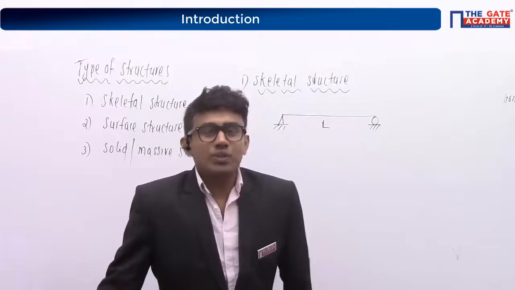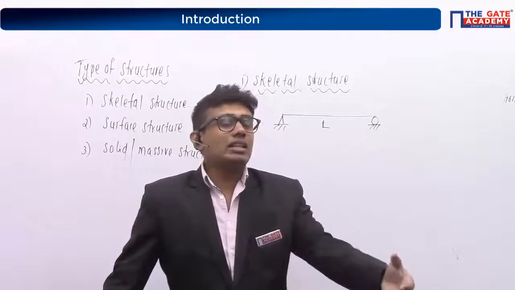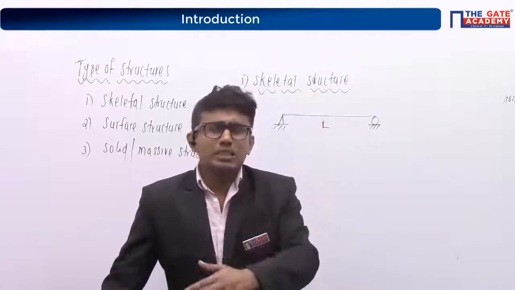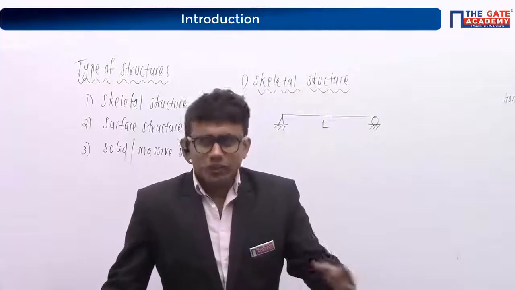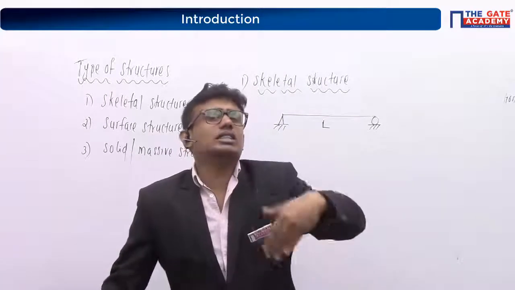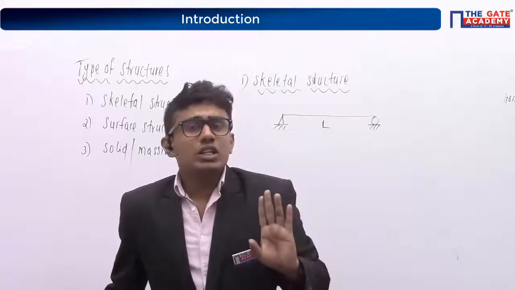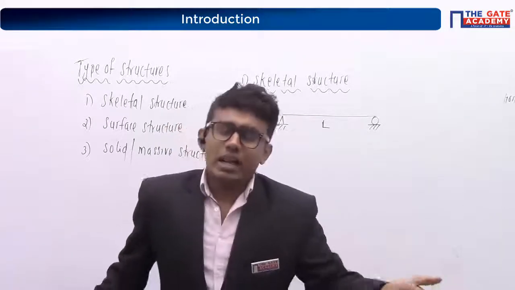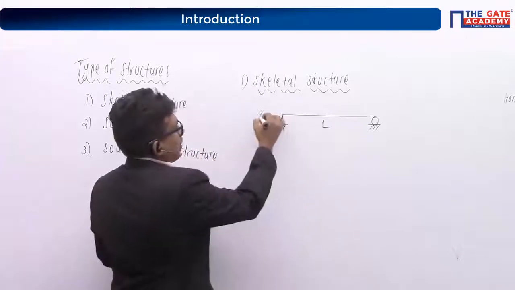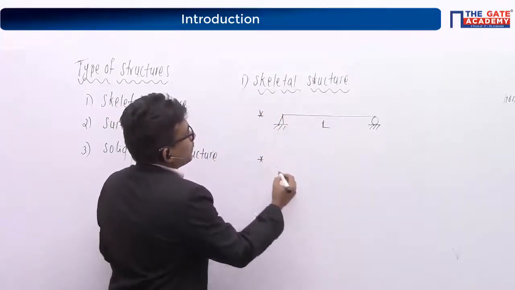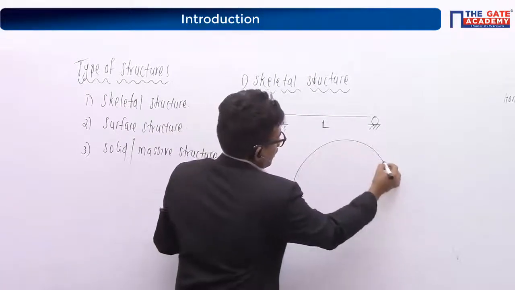I hope it's clear. You can write: when one dimension, it can be length, height, breadth, depth or whatever, is predominating the other 2 dimensions, we call that a skeletal structure. A simply supported beam is example number 1. You might have heard of the structures called arches, right?